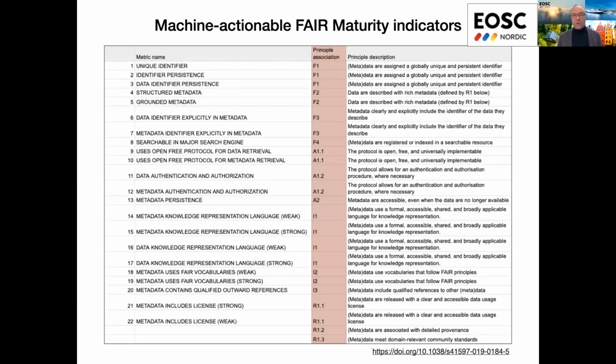The tool we started off with is the one provided by Mark Wilkinson, and his generation 2 metrics. These are published in the reference in the lower right corner, Wilkinson et al. 2019. There are 22 indicators that this tool checks for any given identifier that we provide.